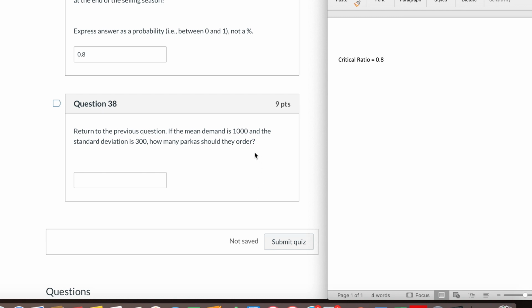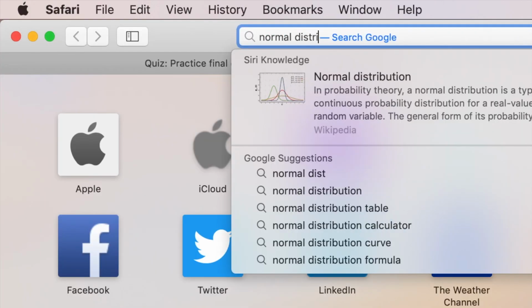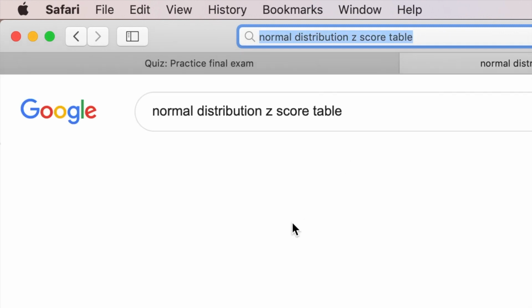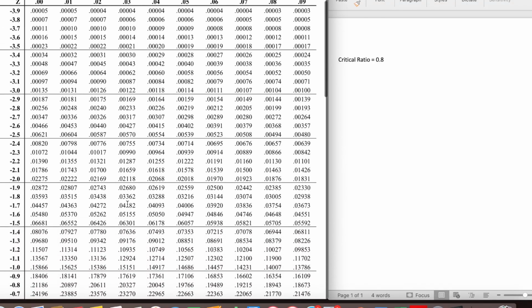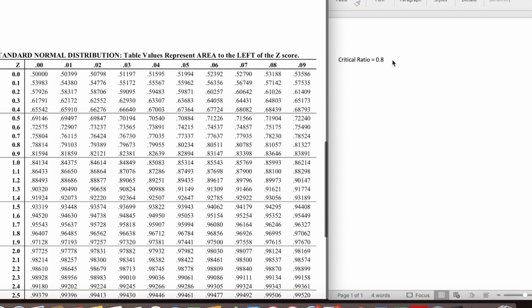Whenever you see demand, standard deviation, and you're given a critical ratio, that's what you do. So pull out that normal distribution z-score table. You should be given this already on the exam if you're taking this in person. And then we have to look for a number that represents 0.8 as close as possible.